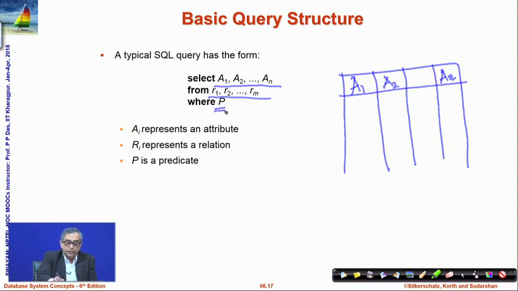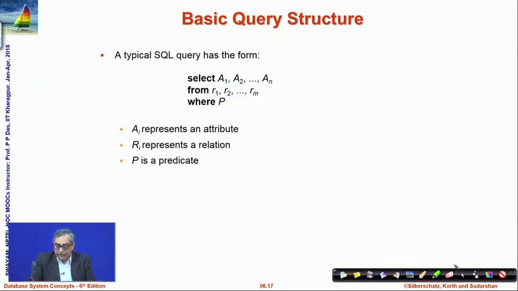Finally, the where clause has a predicate, a condition which specifies what has to be satisfied, so that certain tuples from the relations R1 to Rm will be chosen and put in this new result table in terms of the attributes A1 to An.